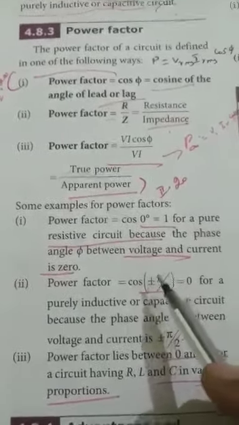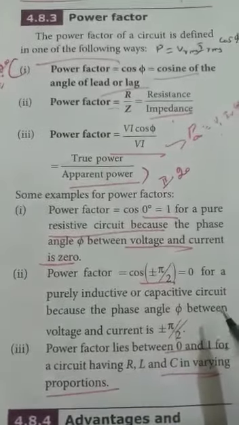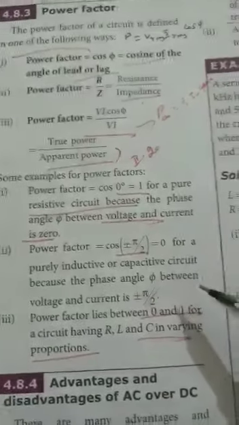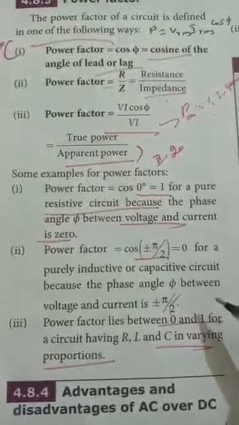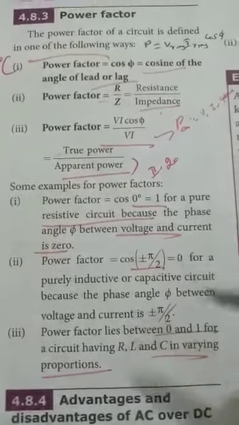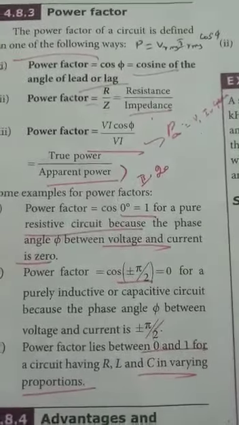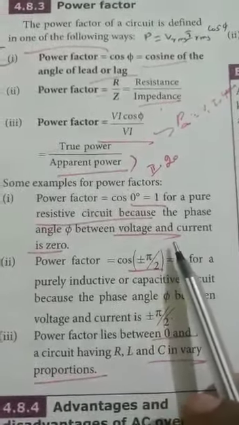Another one, the power factor is equal to cos pi by 2. It happens in the circuit of AC with the inductor or capacitor. The angle between the voltage and the current is plus or minus pi by 2. So cos pi by 2 is equal to 0.